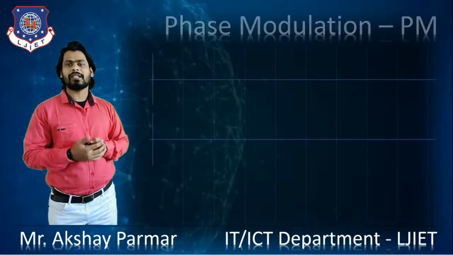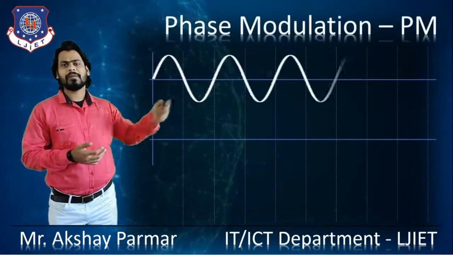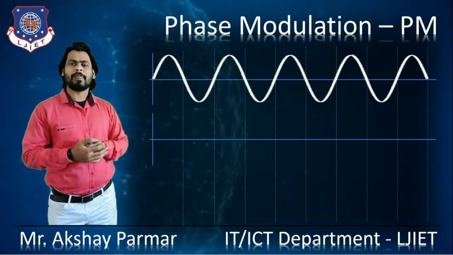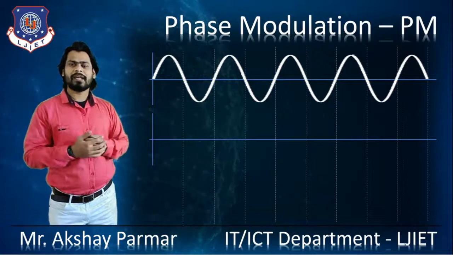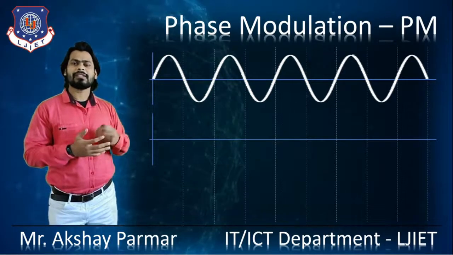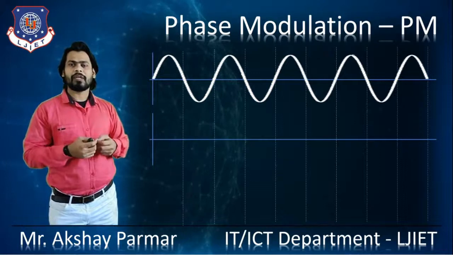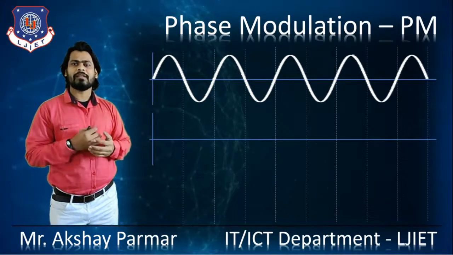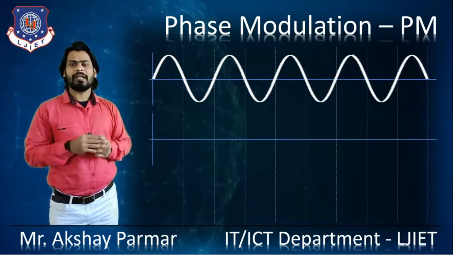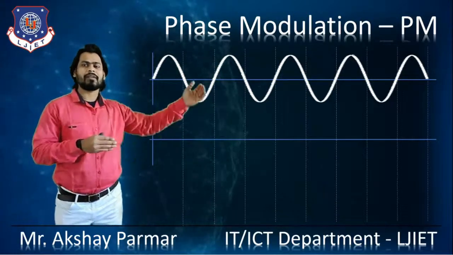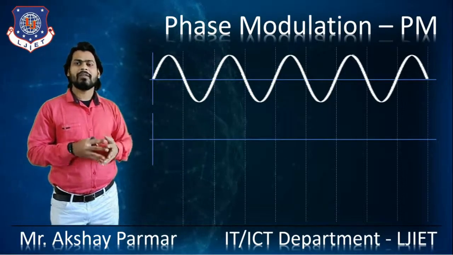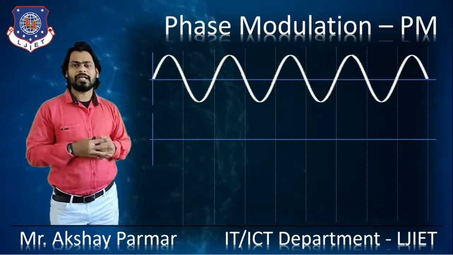So let's see it with one example. This is our input signal on which we are trying to do phase modulation. We are changing the phase of the carrier signal with respect to its amplitude only, right? For that, whenever the positive side of the signal is encountered, we have one kind of phase, and whenever the negative side of the signal is encountered, we use a different phase, right?